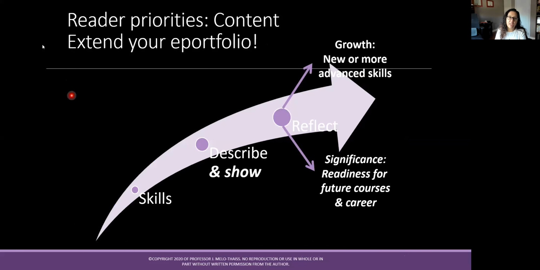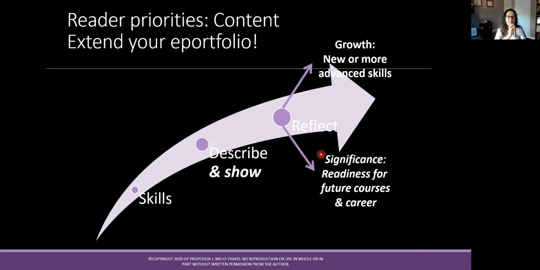So when you're thinking about reader priorities, you want to show content that extends your ePortfolio. So yes, you're going to list skills, but you're going to describe and show them as well, okay? And then you're going to show some kind of reflection that is very significant for your employer, because it shows that you're ready for your career.